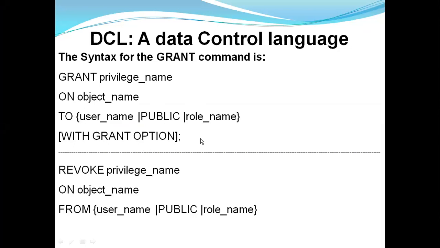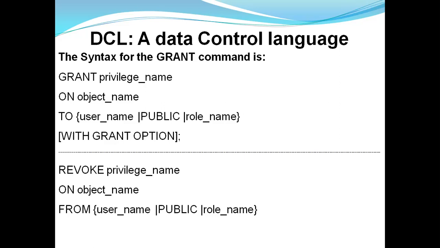That optional part is called a with grant option. What is a with grant option? With grant option, when you're using these keywords, then that user to whom you have granted the privilege also has a privilege to grant the same privilege to another user.